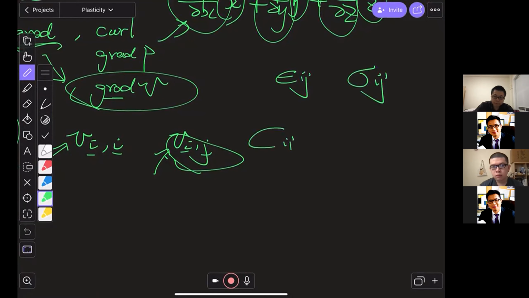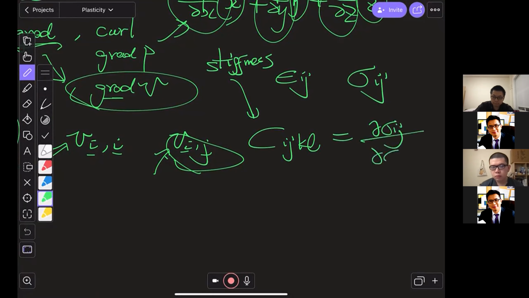But Cijkl, the stiffness matrix, is actually fourth order, because it is equal to the partial derivative of the stress with respect to the strain. It has four individual indices, because you need to consider how all the stress components change corresponding to all the strain components, so you increase the rank.